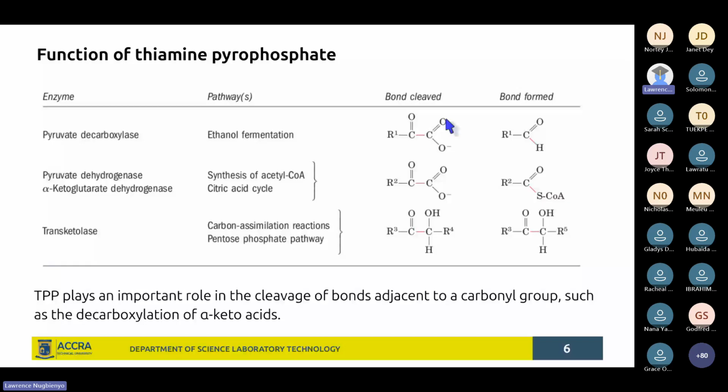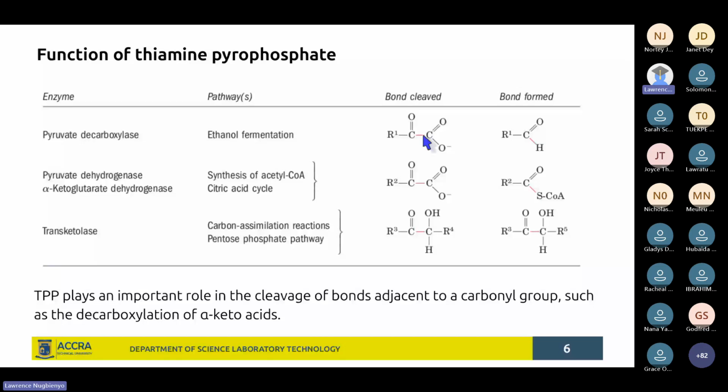And the bond which is between these two carbonyl groups, the keto group and the carboxylic acid group, that is the bond on which the enzyme pyruvate decarboxylase is acting, breaking that bond, so that you have this COO removed as carbon dioxide, and in place of it, hydrogen binds.